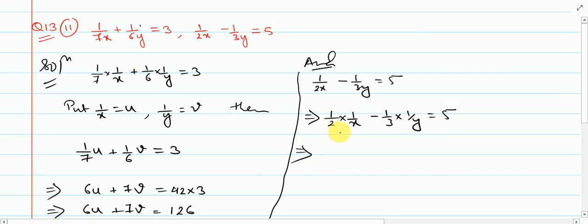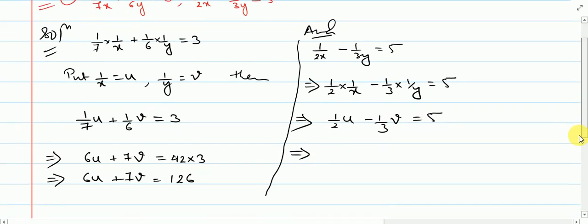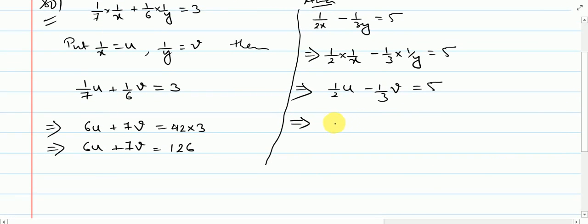So 1 by 2, leave it like this. 1 by x can be written as u. 1 by y will be written as v. Now you need to find LCM of 2 and 3. Yes, LCM of 2 and 3 is 6. That 6 should be multiplied to each term. So 2 will cancel 6 by 3 times. So 3u, 2v, and 6 into 5, 30.